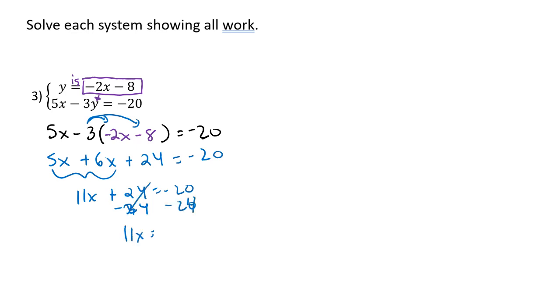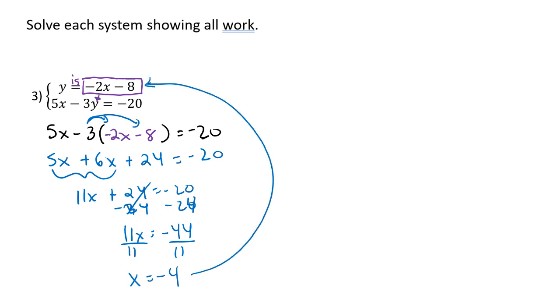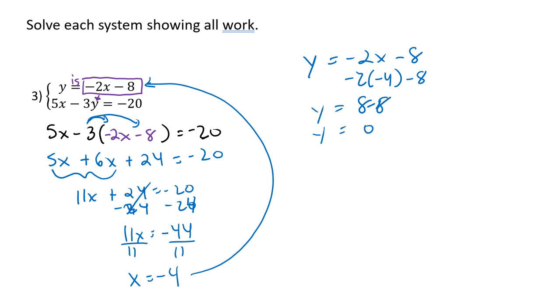So 11x equals negative 44. Dividing both sides by 11, so x is negative 4. Now that I know what x is, I can plug it back into the equation that's equal to y to find out what the y is. So, looks like it's going to be 0. So we have negative 4 comma 0 as the point of intersection.